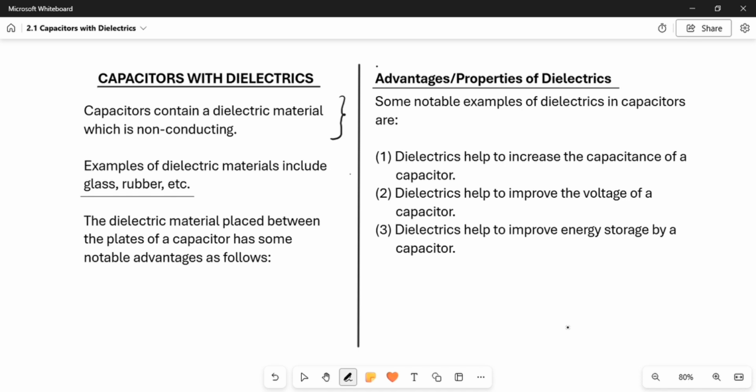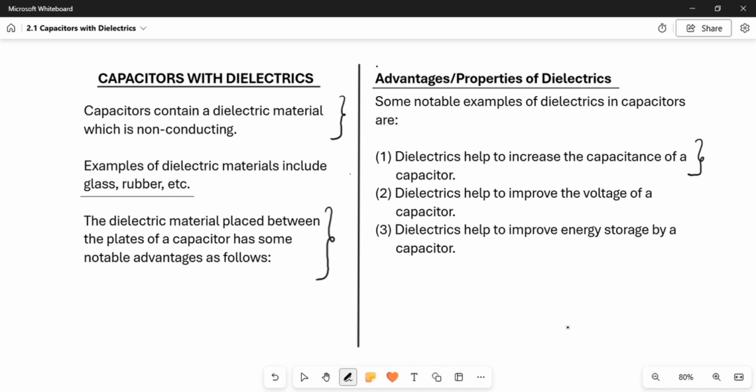This dielectric material that is placed in between the plates of a capacitor has some advantages. Some of them are: number one, the dielectric material that is placed in between the parallel plates of a capacitor helps the capacitor to increase its capacitance.